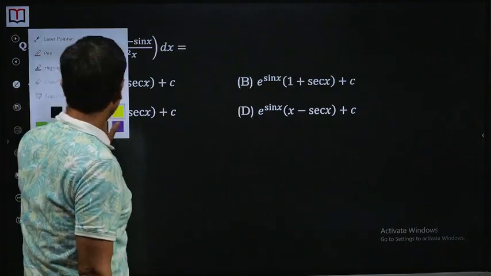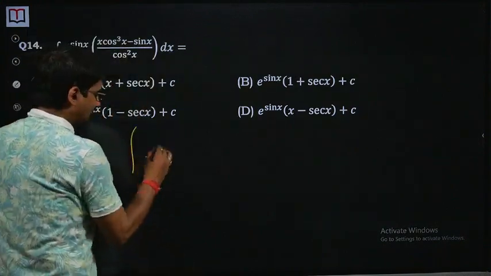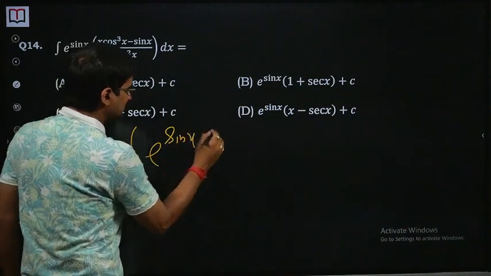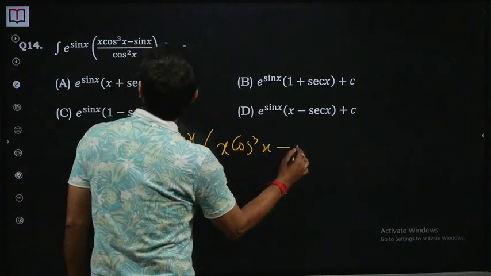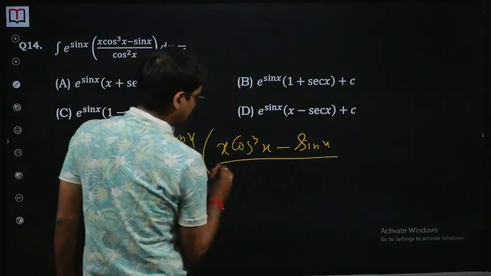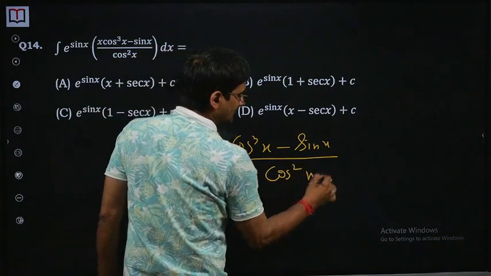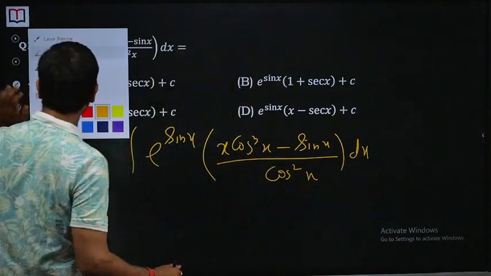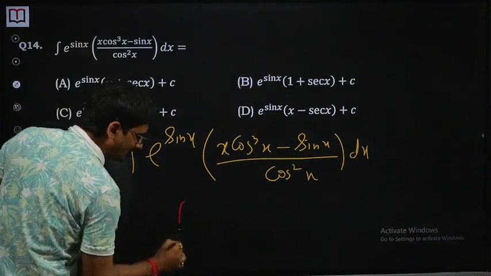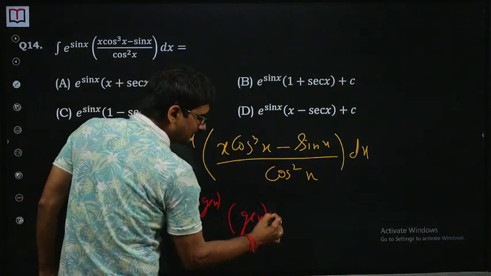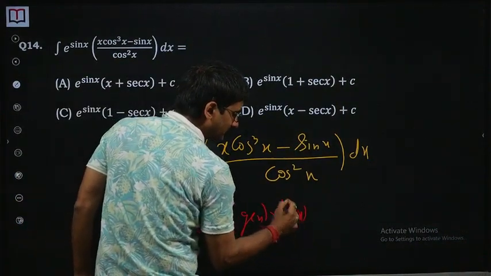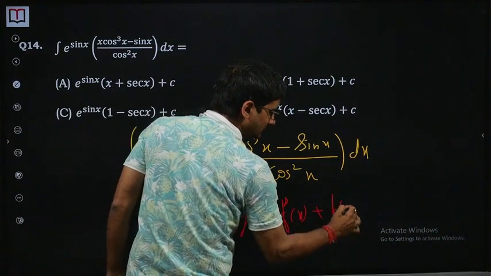Okay, moving to the last one. We just discussed this thing in the last session also, that there's a special form here. So I just selected one question based on that form, and the form is e raised to the power g(x), integral of g(x) into derivative of some function f(x) plus f(x), the same function.